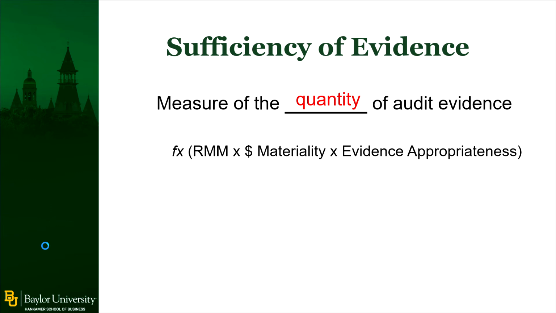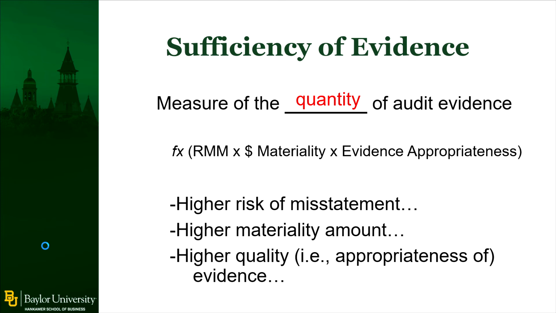It's a direct relationship. So the higher my risk of material misstatement is, the greater a chance that there's going to be a misstatement in the financial statements, the more evidence I need to demonstrate that the financial statements are fairly stated. Lower risk of material misstatement, smaller amount of evidence needed.